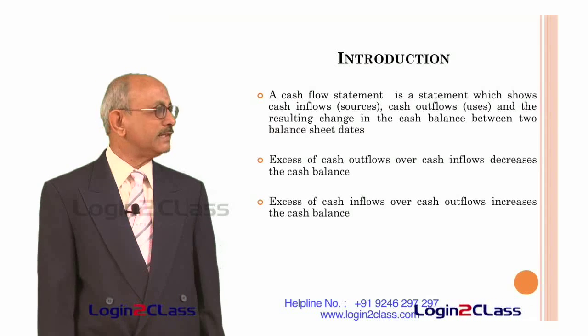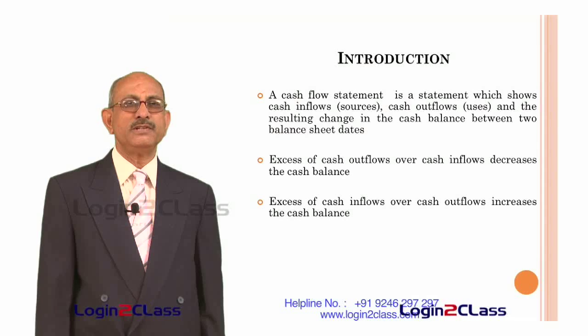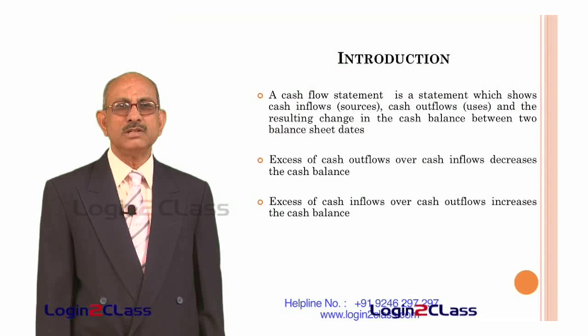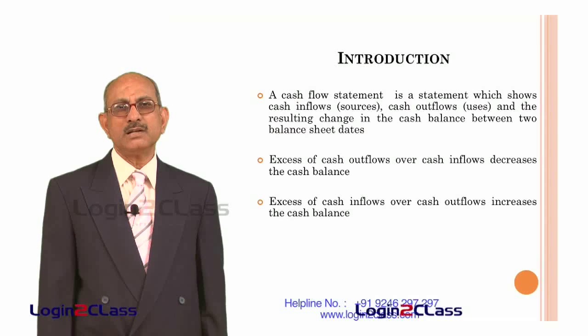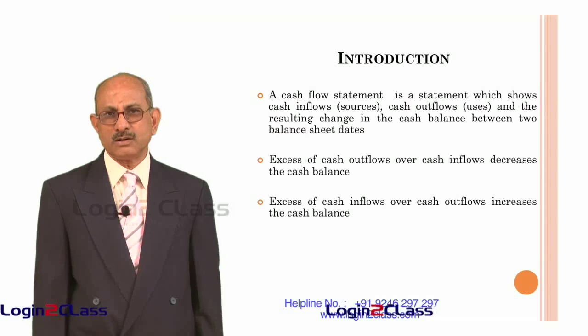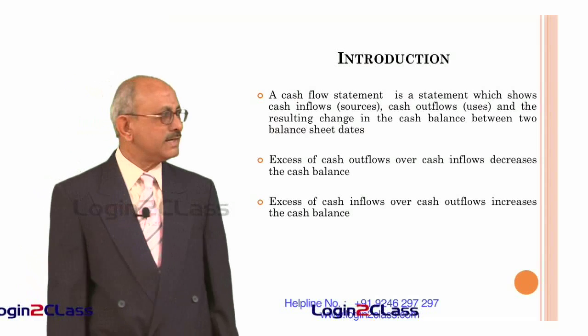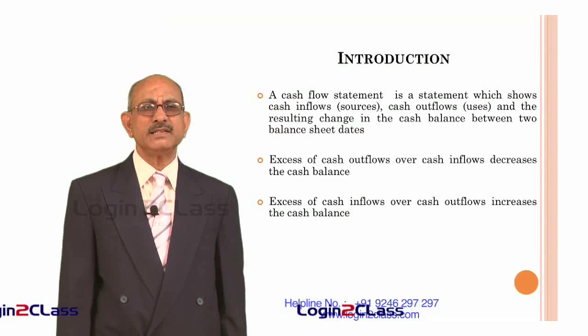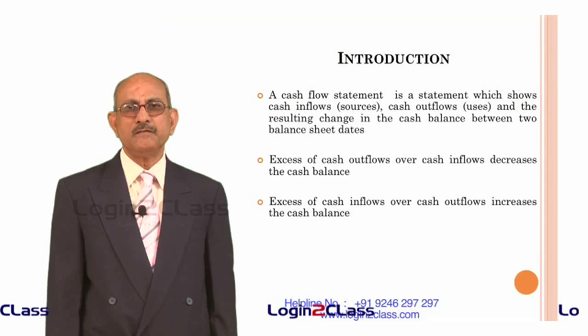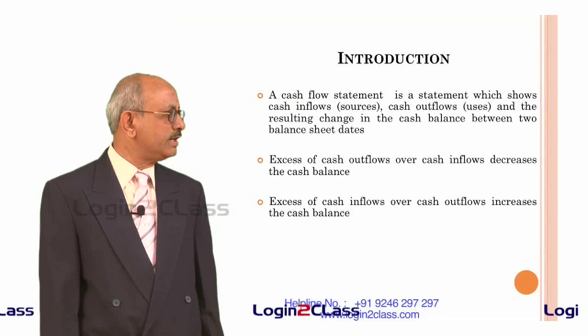So, what happens in the case of an income? Normally, as we have seen, based on the accrual system of accounting, we take all incomes as income whenever the entity gets the right to receive that income. So, whether or not cash is received, it is treated as income. Whereas, in the case of the cash flow statement, we will take only those cash inflows where cash has actually flowed into the entity.